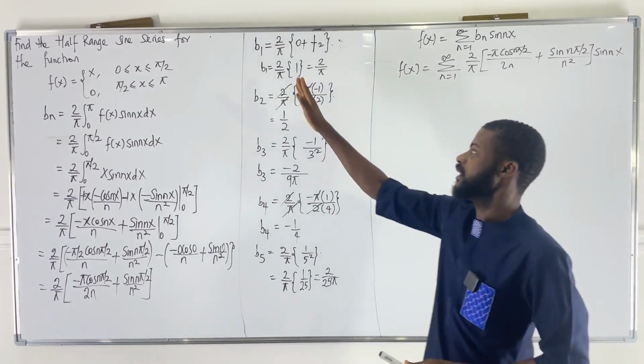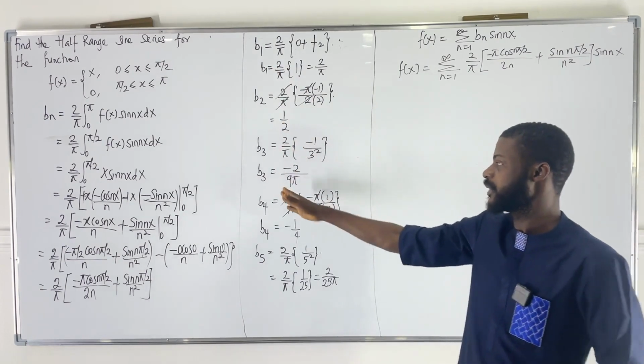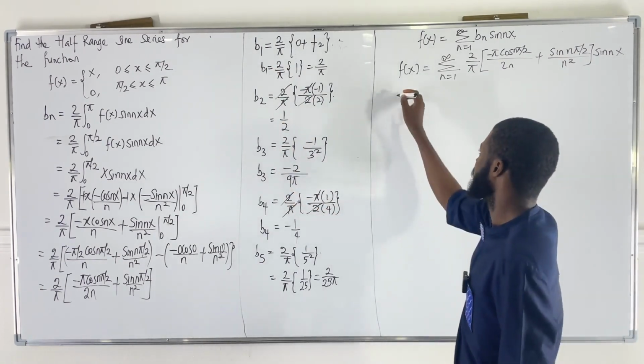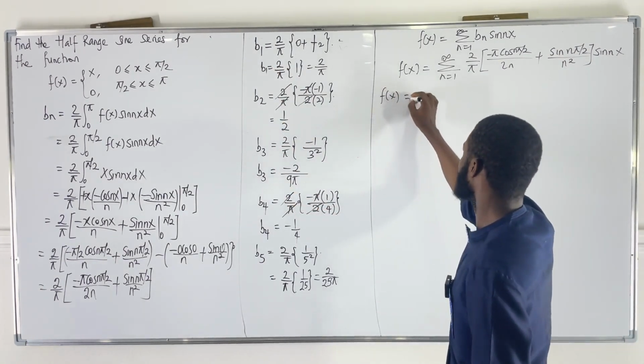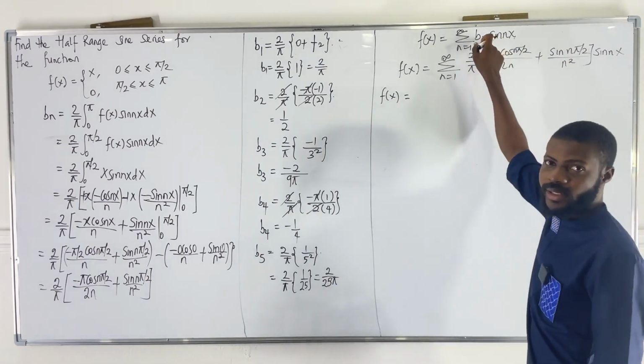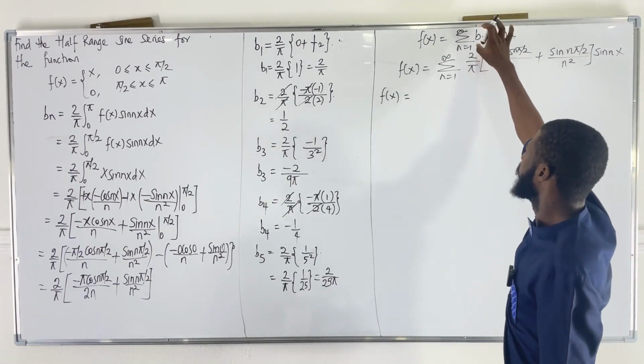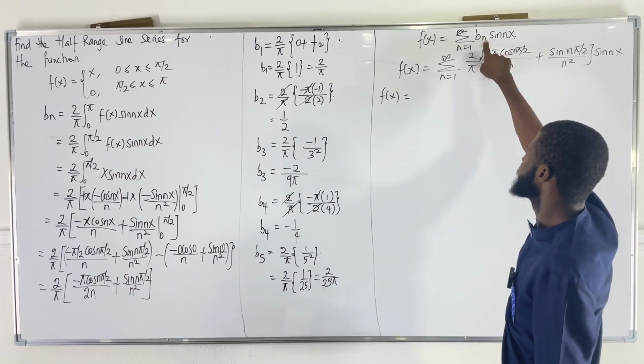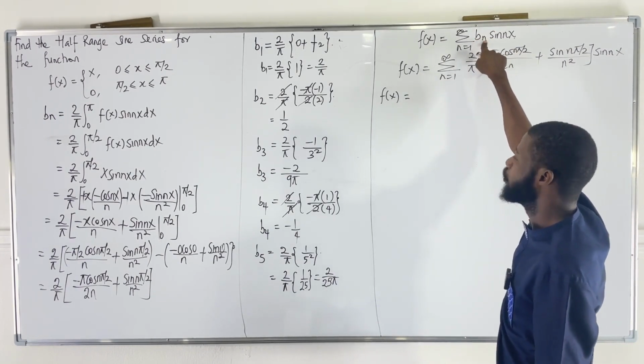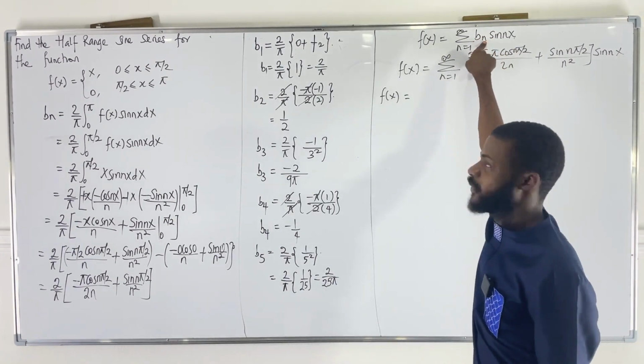So let's start putting in our values for b1, b2, b3, just like that. So f of x will become, so we have bn. Let's start with the first value of bn. That's b1. Now b1 is 2 over pi.